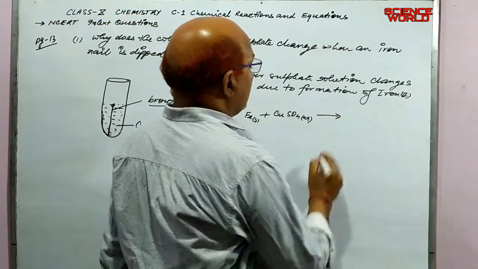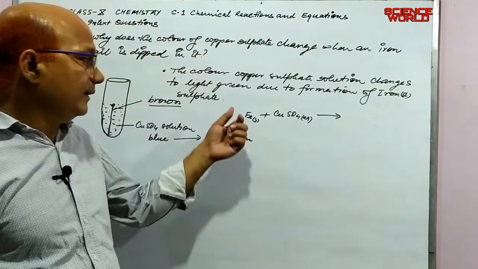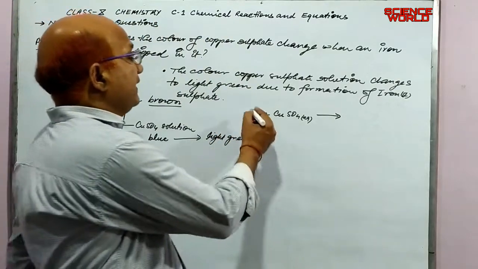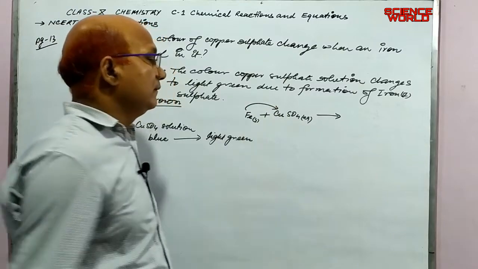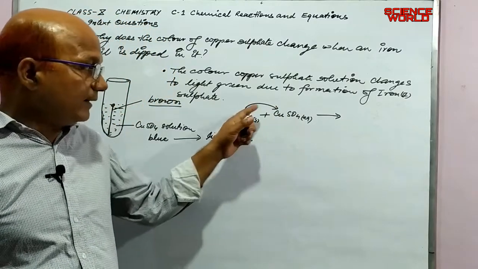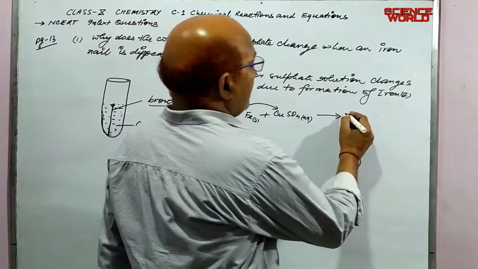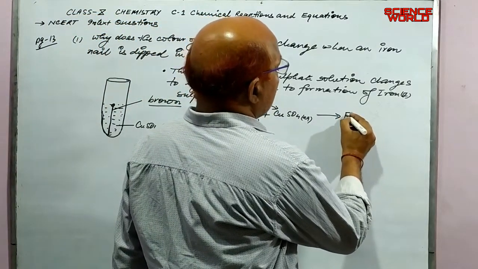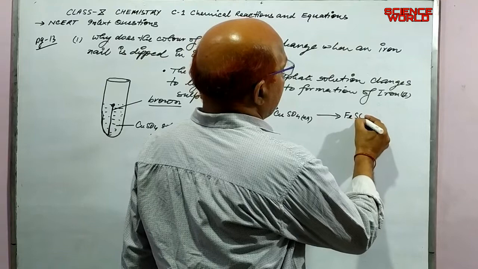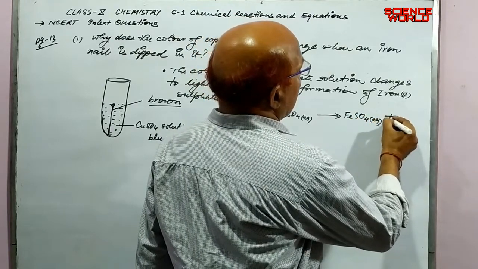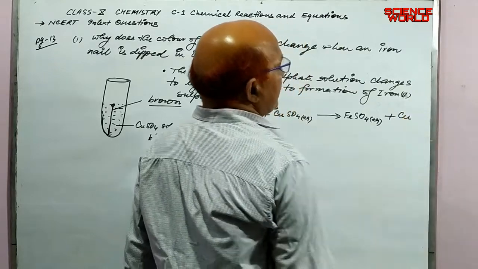So, as we know, iron is more reactive than copper. So, iron displaces copper from the solution and it forms ferrous sulfate, and copper becomes free.